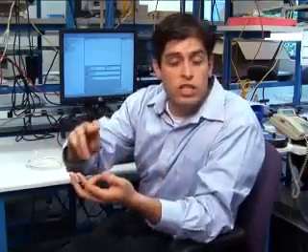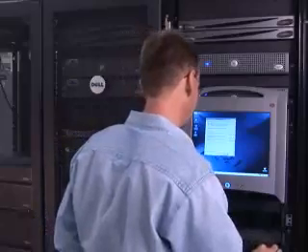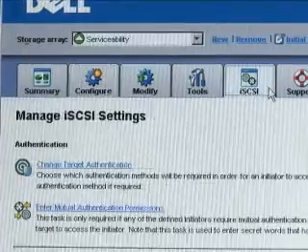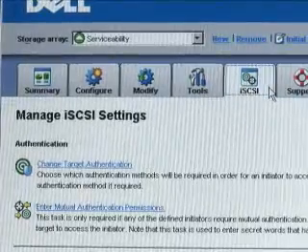The third and final area where people have misperceptions around iSCSI is with respect to manageability. There's been a lot of talk that Fibre Channel may be easier to manage than iSCSI because you can, in certain instances, manage the switch, the HBA, and the storage array all from the same management pane. In fact, iSCSI takes the network management and puts that network management where it should reside, with your network administrator.